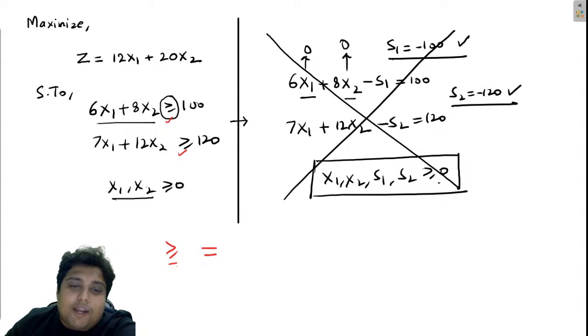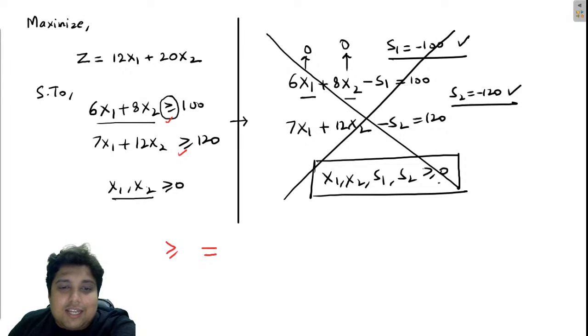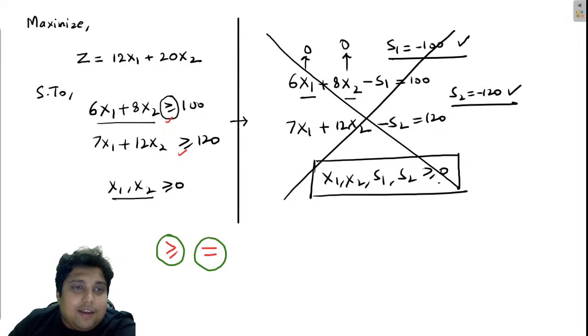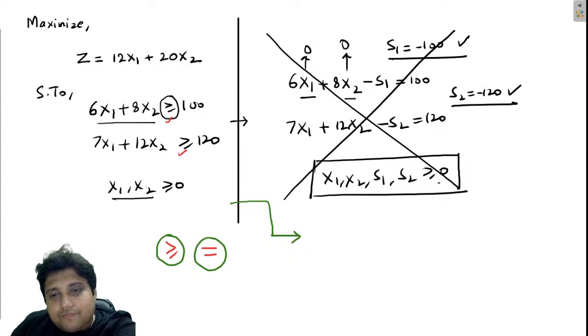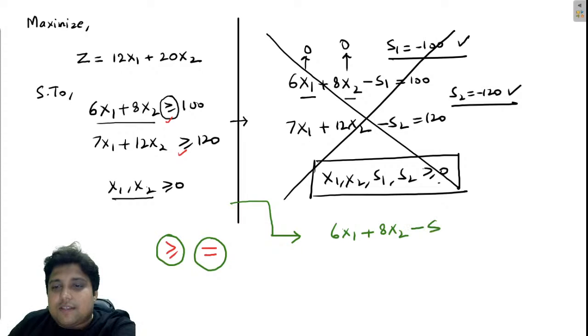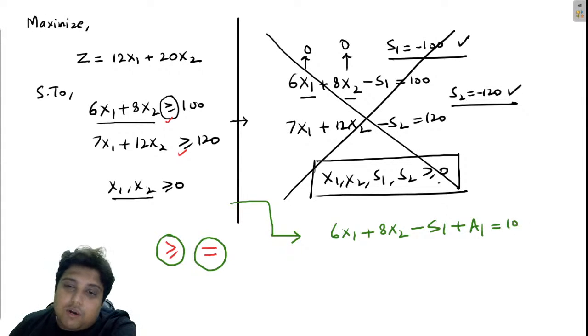Up until this moment we have only solved questions using the less than equal to constraint, but if there is a greater than type constraint or equal to type constraint, then the conversion is like this: 6x1 plus 8x2 minus s1 plus one more variable a1 equal to 100.